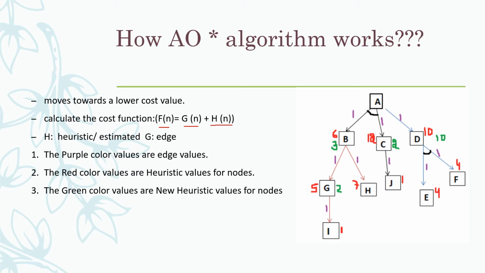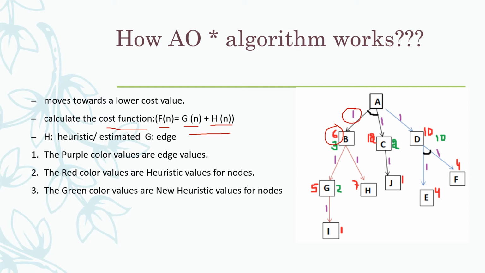Here the red marked are the heuristic values of each node, and these are the edge costs of each path or each edge, and by summing these we get a cost function. So we have to minimize the cost function. The purple colors, as I show, are the edge values.